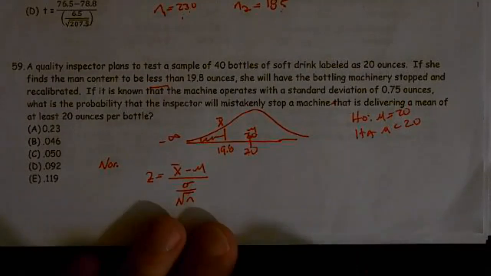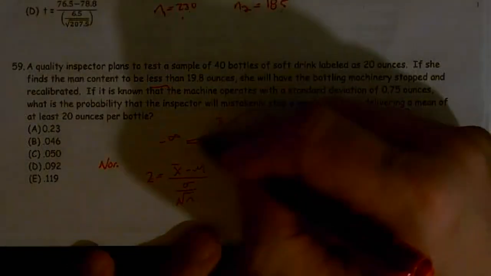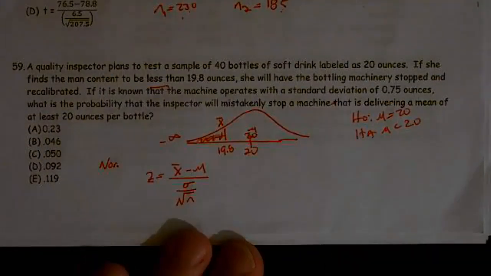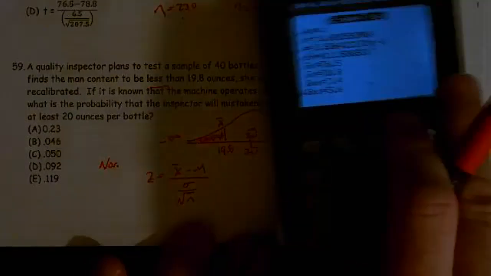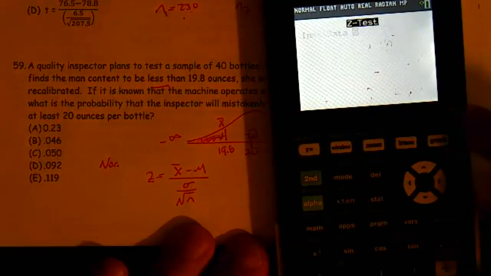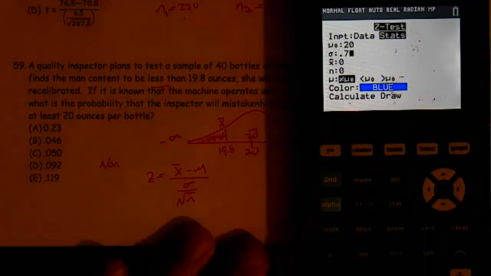What's the probability that the inspector will mistakenly stop a machine that's delivering a mean of at least 20 ounces? So we're trying to find this area here. Because we stop the machine if we're less than 19.8. There's our mean, if we get an X bar less than that. So we're going to go and run a stat test, Z test. Our mean is 20. Our standard deviation, they said that was known, was 0.75.